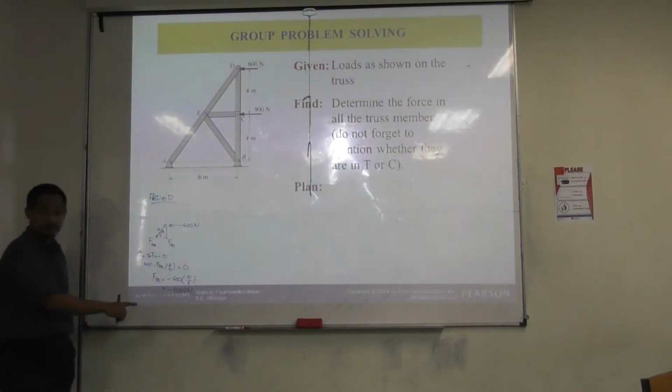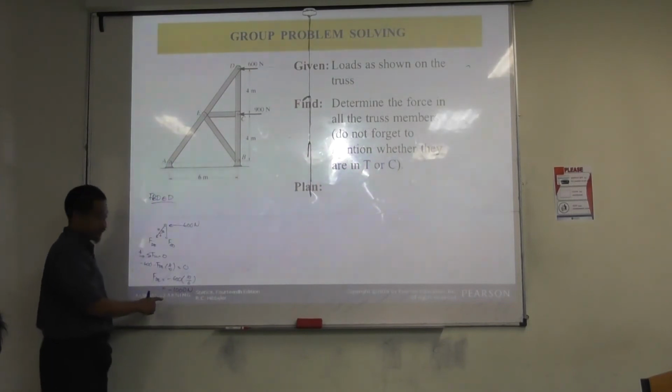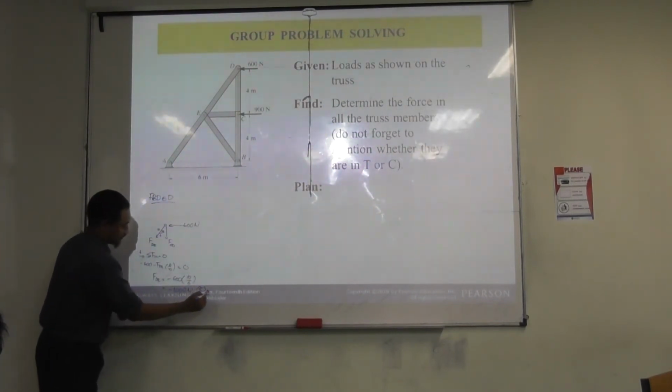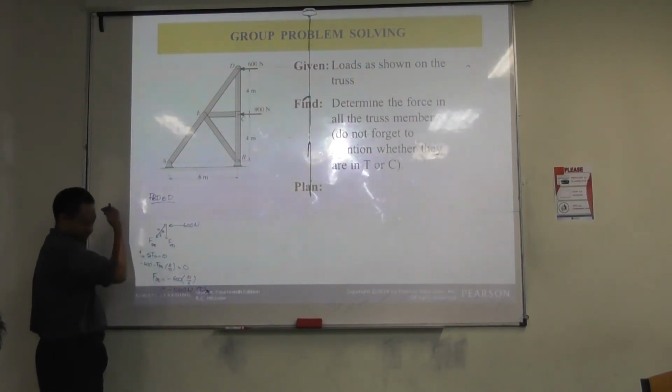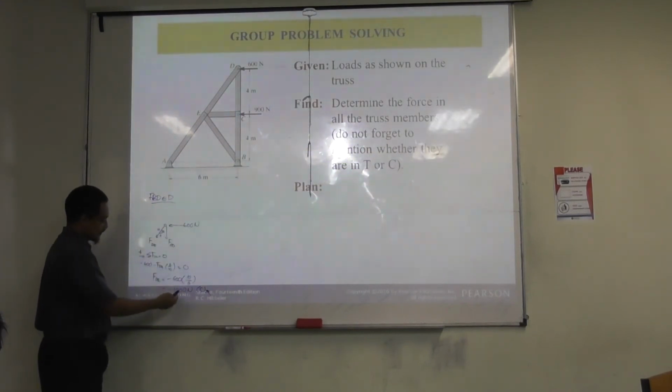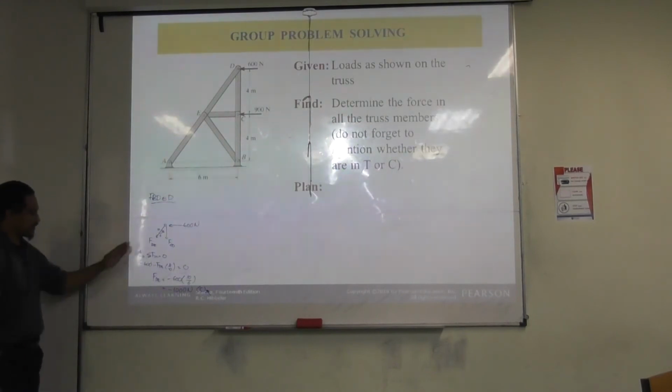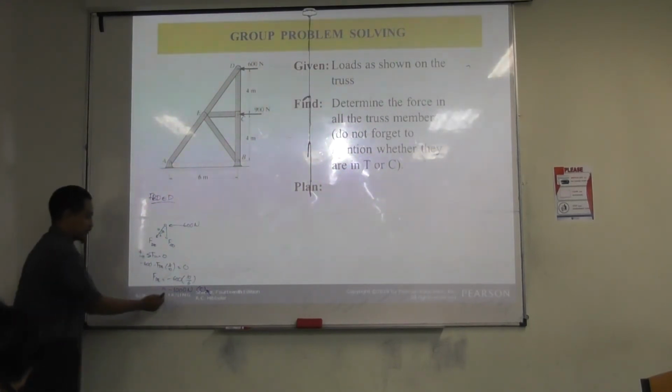Meaning what? Tension or compression? Compression. Why? Because we take everything as tension, so positive is tension, negative is compression. Meaning it's actually in that direction. That's the meaning of this negative.